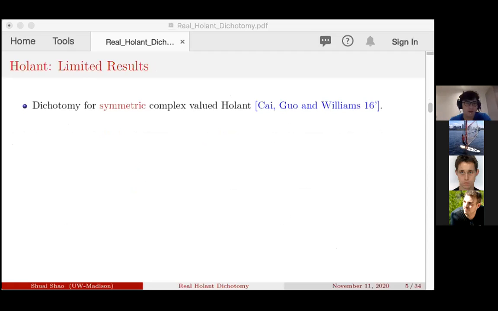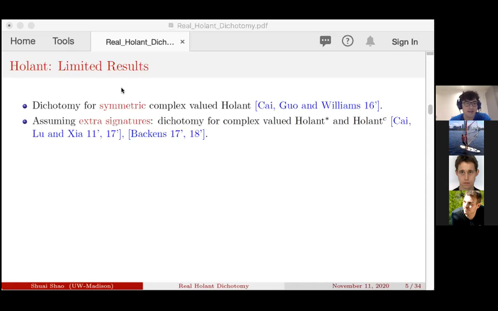The first result is that a dichotomy was first proved for complex-valued Holant problems when all signatures are symmetric. We say a signature is symmetric if its value only depends on the Hamming weight of the input.